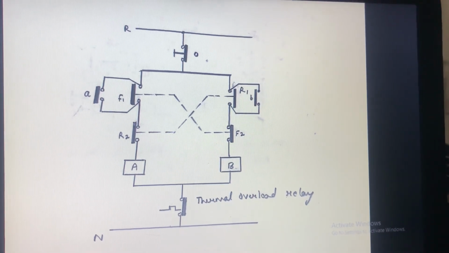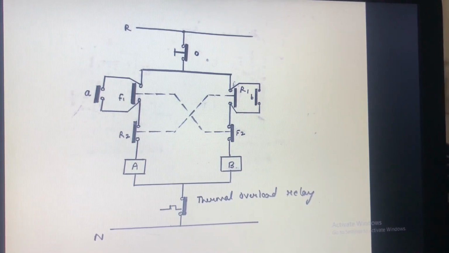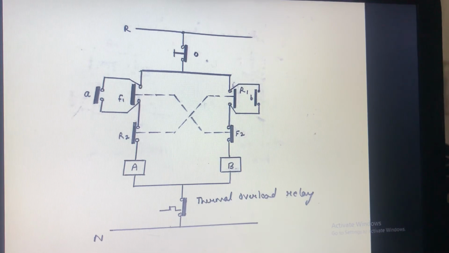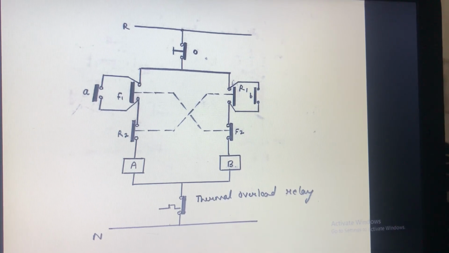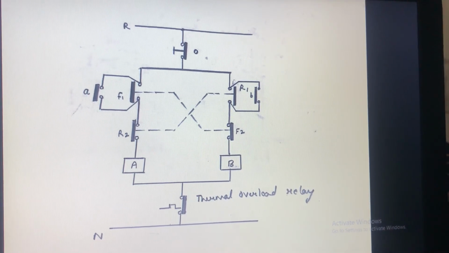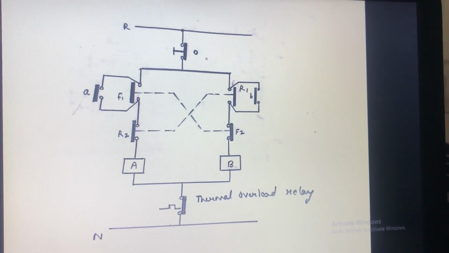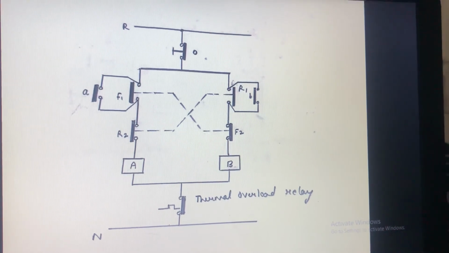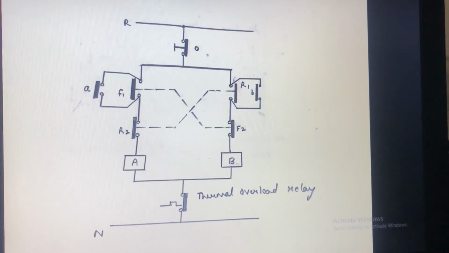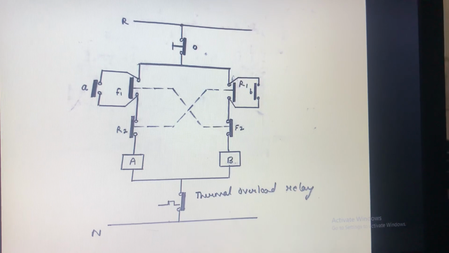So if we want to reverse its direction, we will push the R1 button. In case we push this R1 button, R2 will get open. As soon as R2 gets open, the contactor A will get de-energized. Now when R1 is pushed, the contactor B gets energized through O, R1, F2 and B. When this contactor B gets energized, its auxiliary contact small b will get closed.